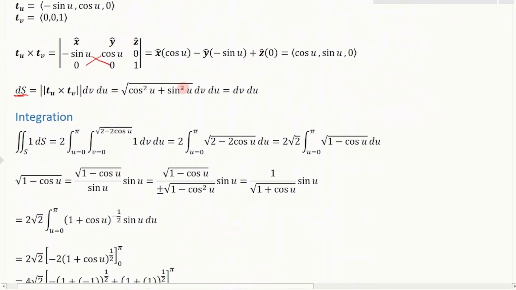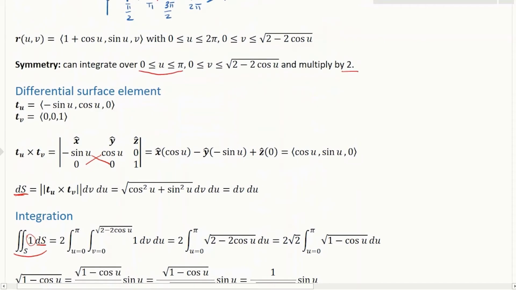We're going to integrate a scalar 1 over the surface. Now, if instead we had a flux integral, we would not be calculating the magnitude. Okay, so we have this vector. The magnitude of this vector is the square root of cosine squared u plus sine squared u, which is equal to 1. So dS is actually equal to dv times du.